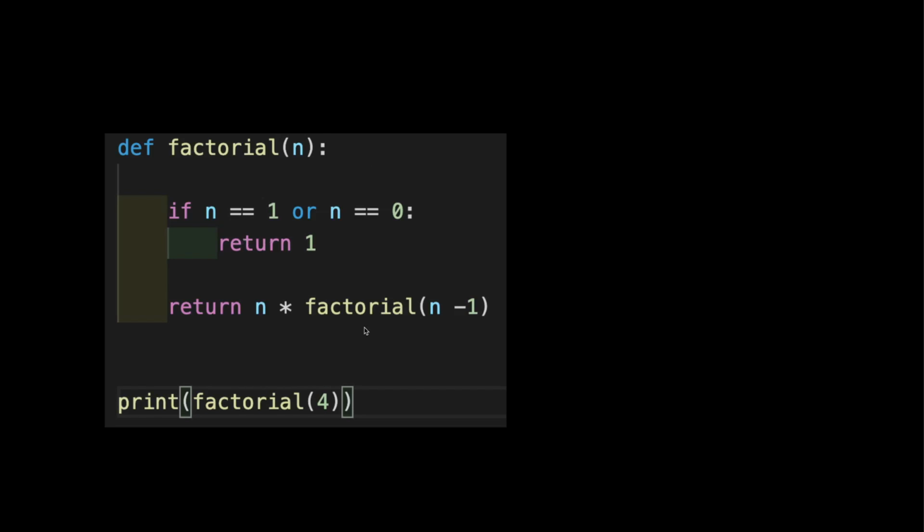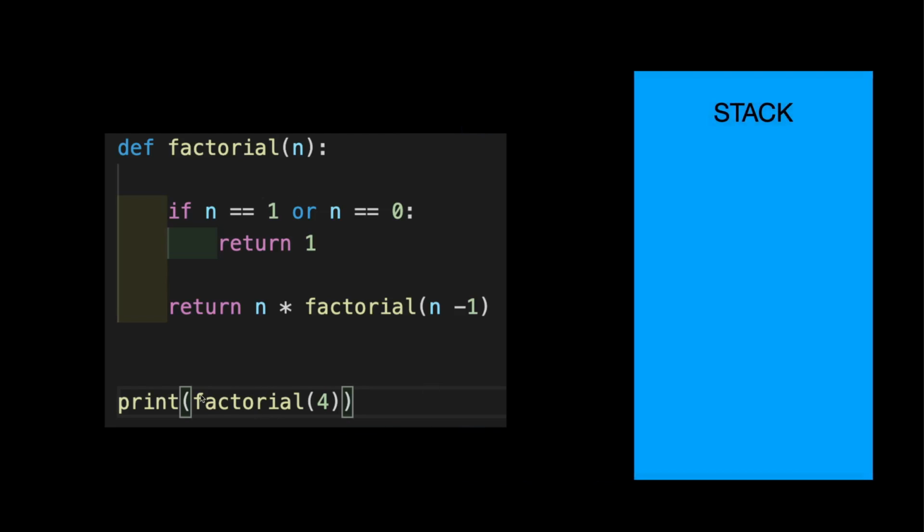We have the base case and the recursive call here. Whenever I call factorial 4, this function will be placed on the stack at the bottom. When we call factorial 4, it will return n into n minus 1, that is 4 into factorial 3.